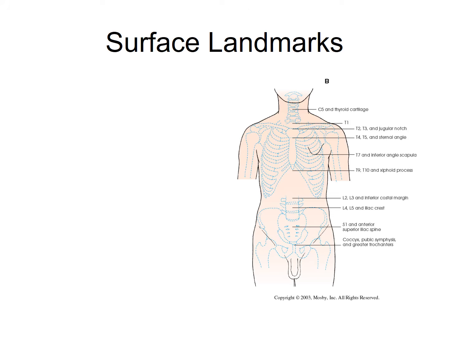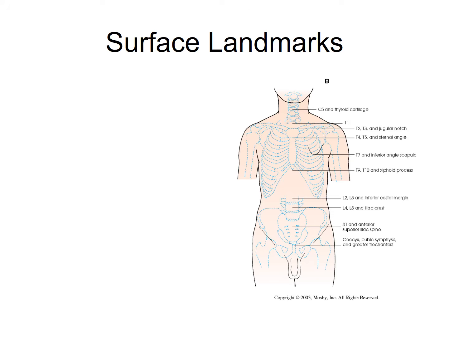So we've got C1, which would be up by the base of the skull area, C2, C3, C4, C5, C6, C7. Then we start with our thoracic vertebrae, and the numbering starts T1 or thoracic vertebra number 1, thoracic vertebra number 2, all the way down to thoracic vertebra number 12.